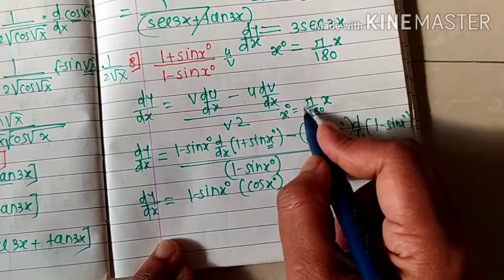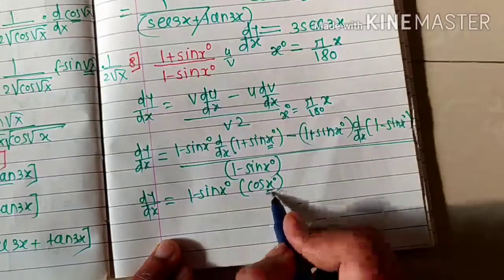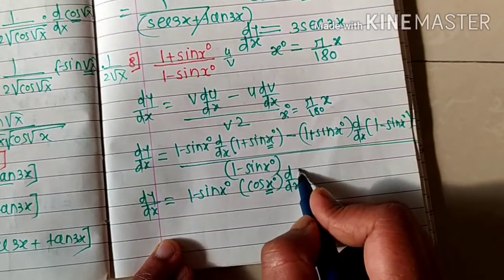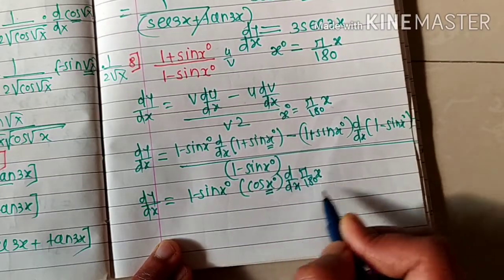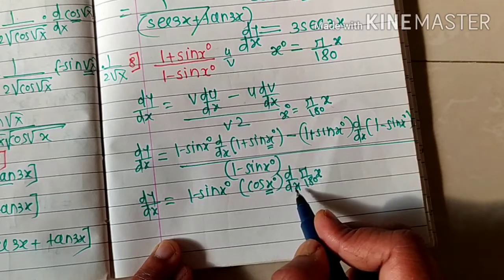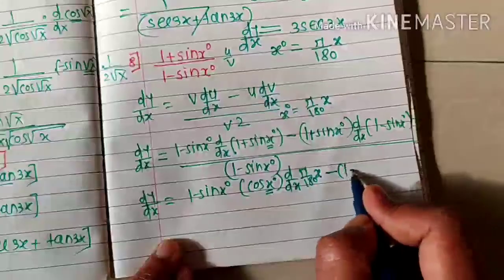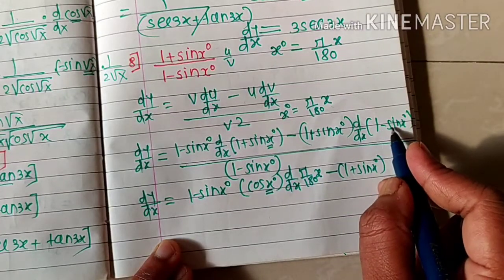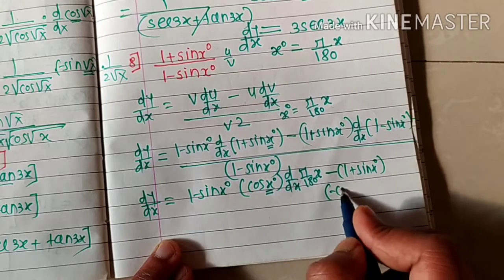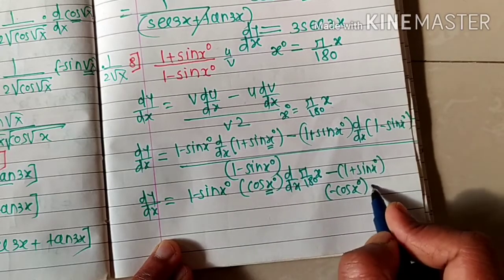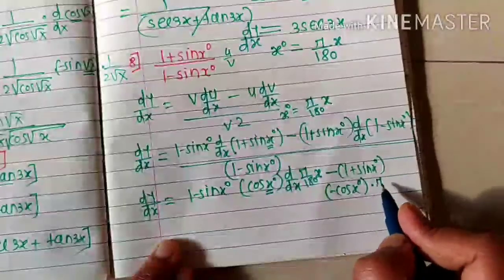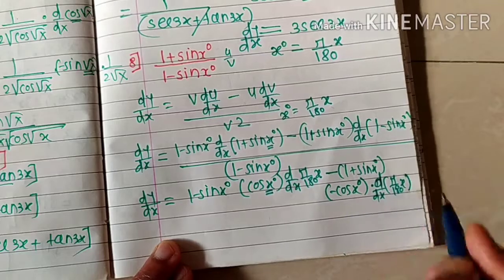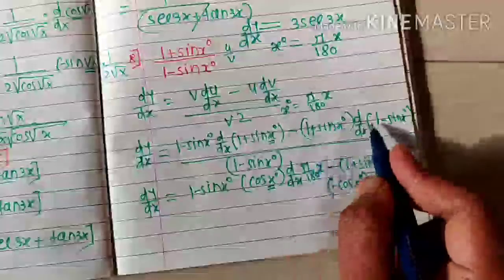In order to differentiate this with respect to x, that is the inside function, we substitute d by dx of pi by 180 into x. This constant term into dx with respect to x is 1. Minus 1 plus sin x degree, again the same thing here: the derivative of 1 is 0 and the derivative of minus sin x is minus cos x degree, and in order to differentiate this we substitute d by dx of pi by 180 into x, that is in terms of radians.